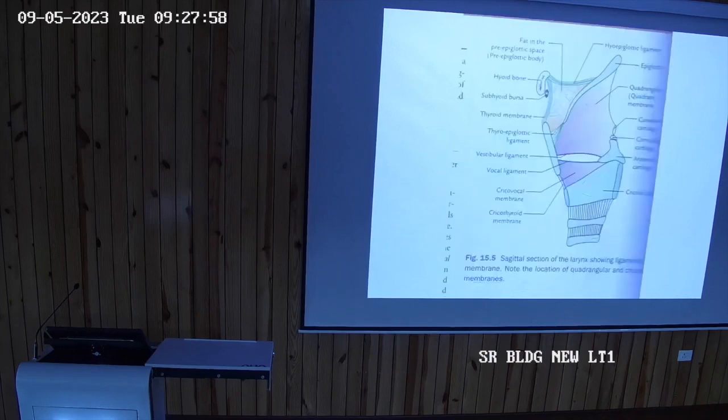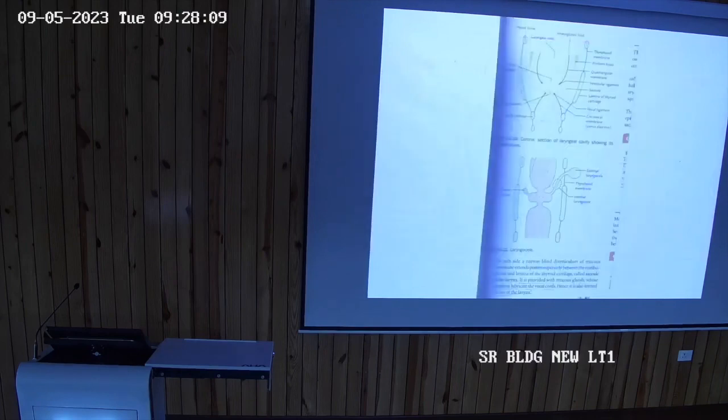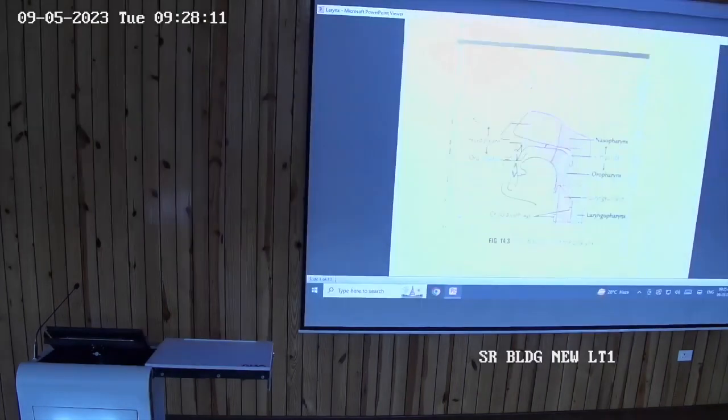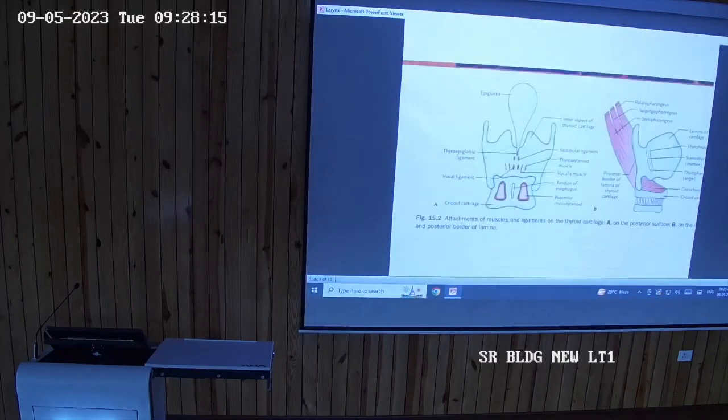Now, the important one I will talk about separately. Look at the thyroid cartilage first. The thyroid cartilage acts as a shield, protecting the larynx, and it has two laminae.